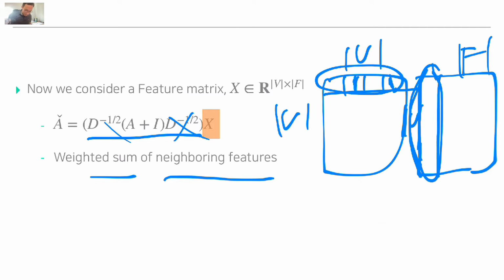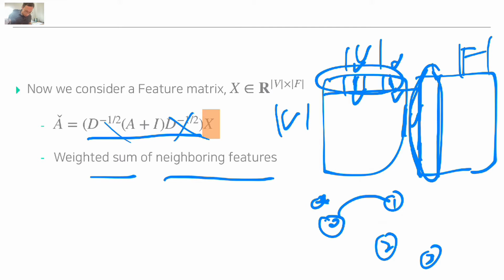When we multiply this, if the neighboring node has non-zero values, we consider their feature, right? In this case, the neighbors are the second and the fourth node. How about drawing this? 1, 2, 3. This is connected here and here, right? And all others are 0.